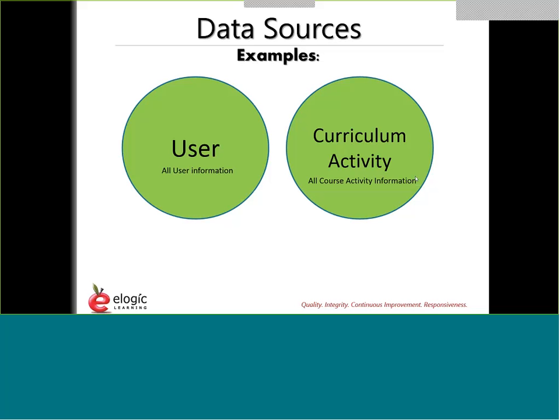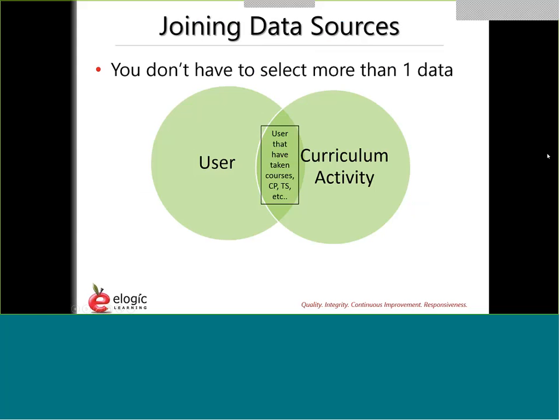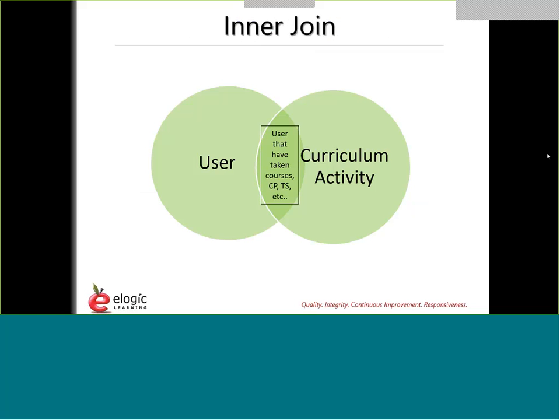So when you are on that first page and you select your data source, you can select one or you can select multiple. When you select those checkboxes for the data sources that you want to use, it's going to automatically do an inner join.